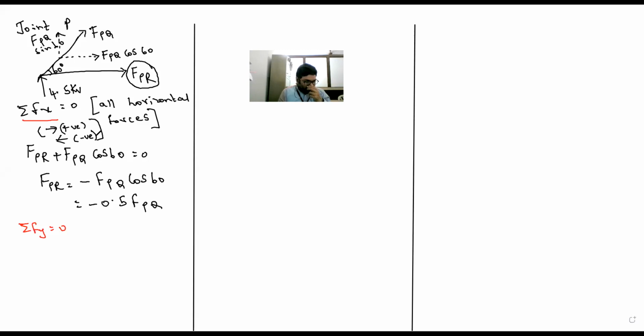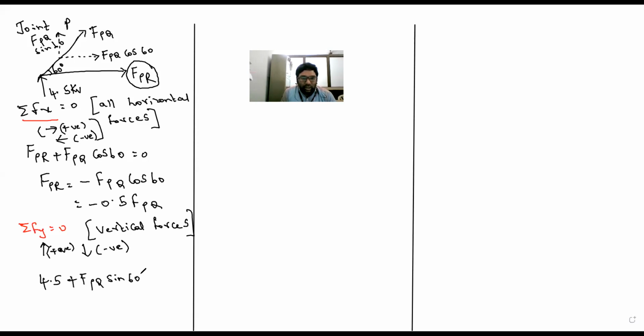Similarly, sigma Fy 0, vertical forces. Upward positive, downward negative. So here both the forces 4.5 and FPQ sin 60 are positive. So 4.5 plus FPQ sin 60 is equal to 0.